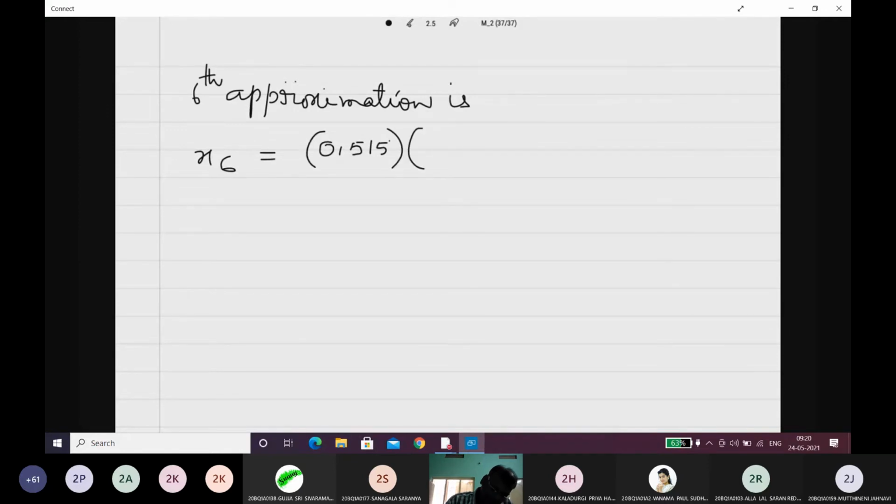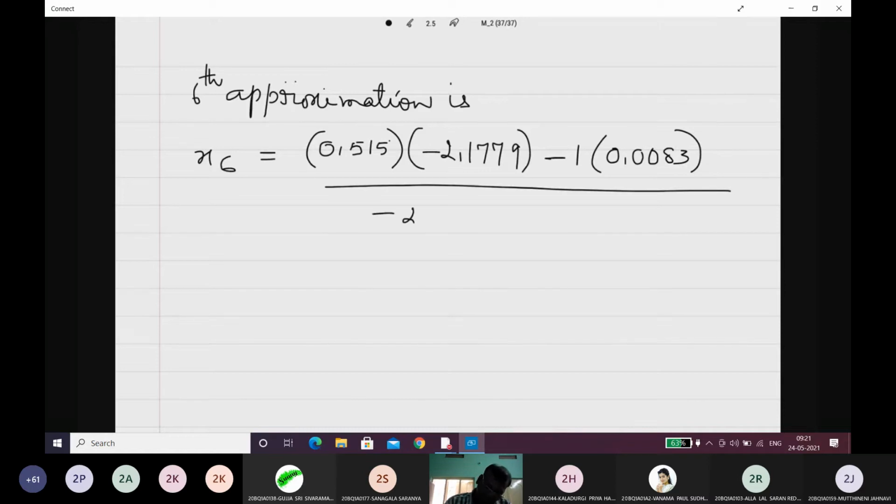Into f of B, minus 2.1779, minus B into f of A, 0.0083, divided by minus 2.1779 minus 0.0083.